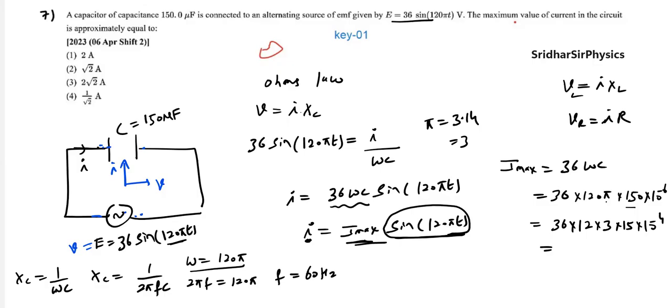You have to do the calculation in the exam, there is no other choice. So this will come to 19440 into 10^-4. 1.944 will come. This will be approximately 2 ampere. They are asking approximately, so not exactly 1.94, we can approximate to 2 ampere. This will be the correct option.